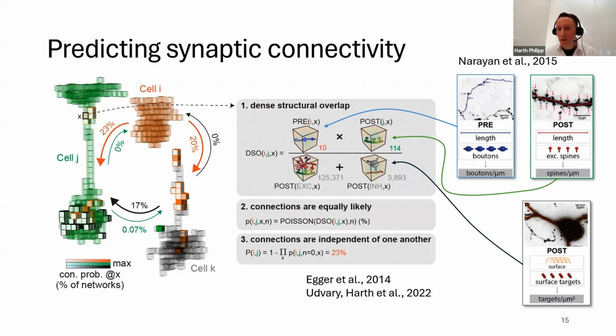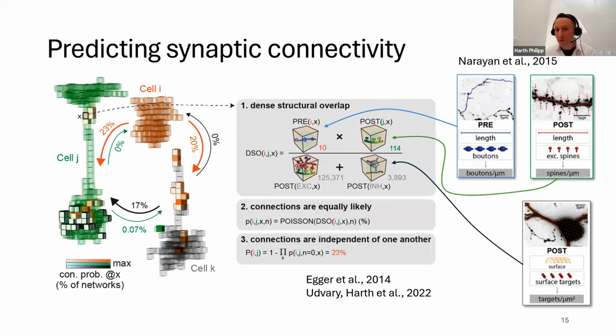So based on the extent of these line structures of these reconstructed morphologies, we also obtain estimates about the surface area. And based on these three subcellular features, we now have an estimate of how many pre- and postsynaptic connection sites are available in any, we call it overlap volumes, which are small cubes that partition the entire volume.